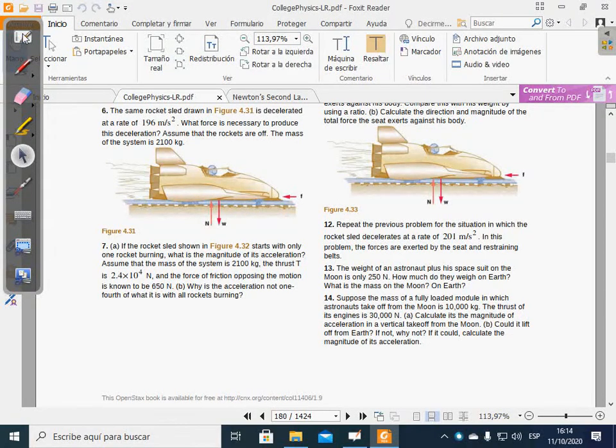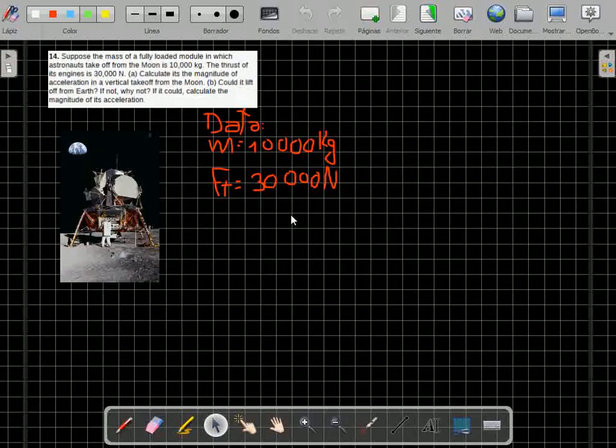So let's go to the blackboard and there it is. Okay, the first thing that you have to do in this kind of exercises is identify all the forces involved. The first force involved in this exercise is the force of the thrust of the engines, which is going upward.